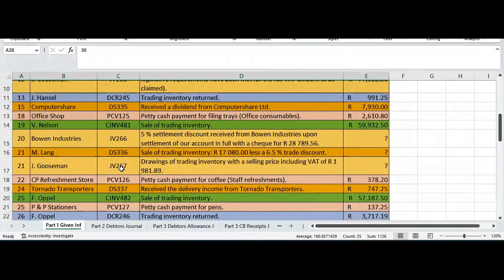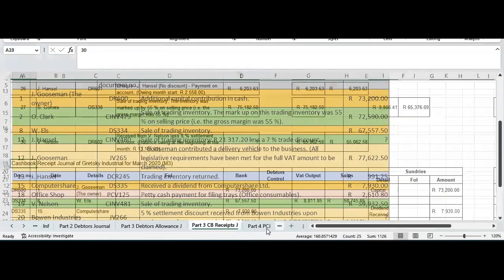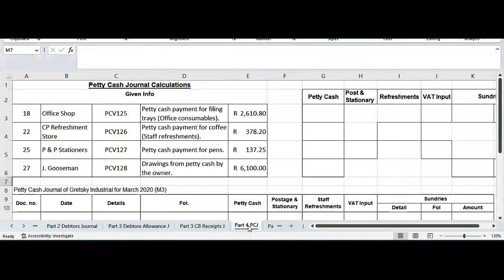It looks like those are the four. And then all I did, like I always do, is I went to the tab that relates to the petty cash journal, and I just copied those four transactions as it was given. I put it down here.